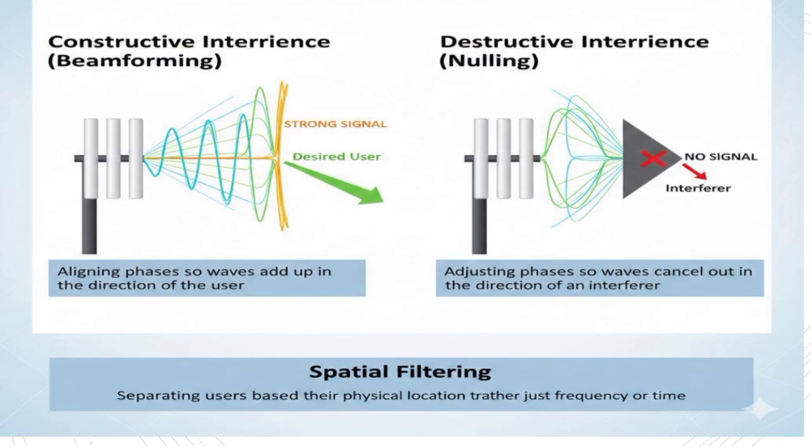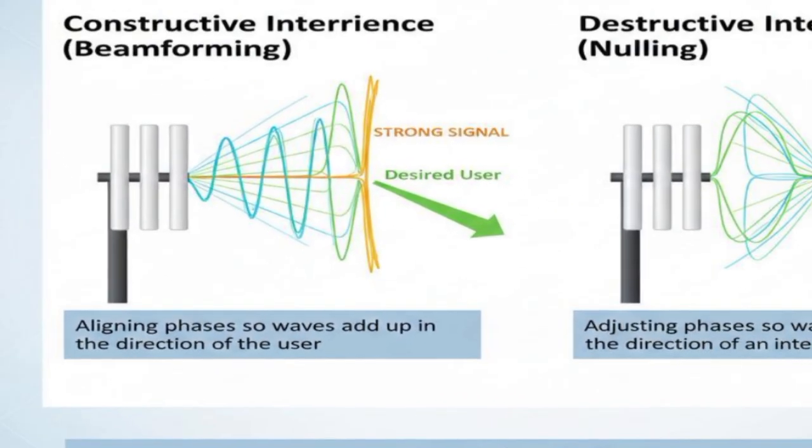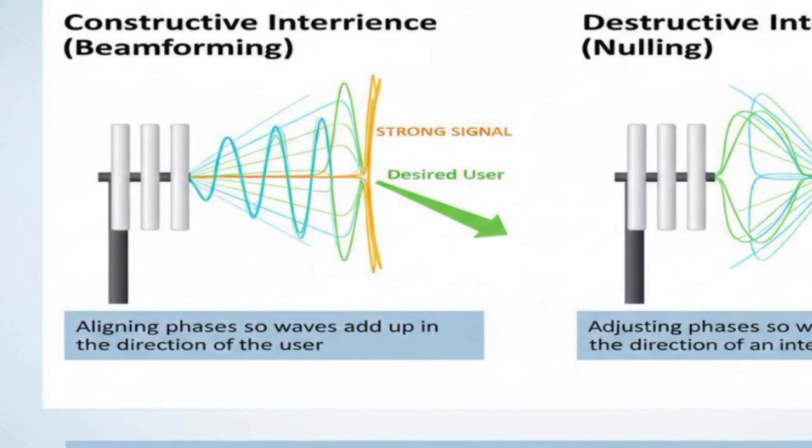See here, the first category is constructive interference. The desired user is here. You are aligning the phase value, so the waves add up in the direction of the user. By that we are increasing the signal strength, so the desired user receives a strong signal.